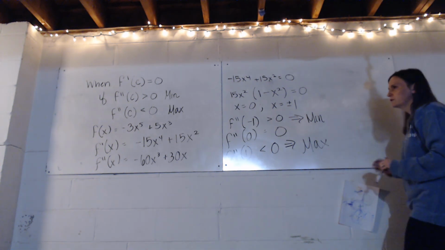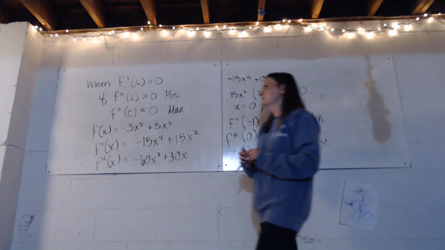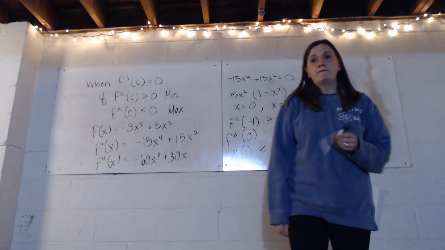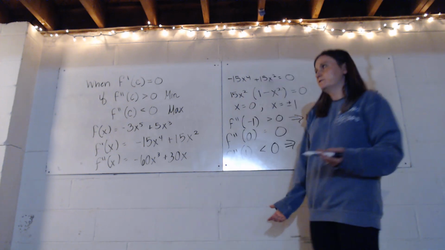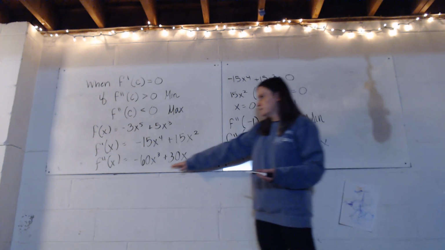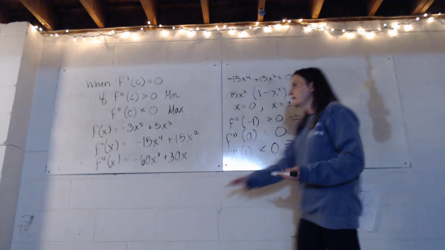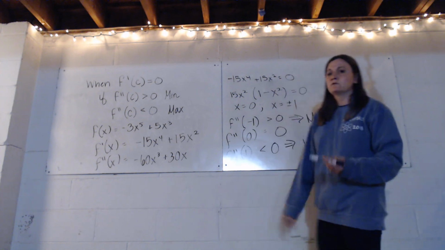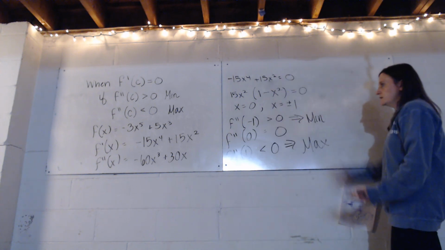So to go through it again, to use the second derivative test, you first take the first derivative of a function and find any critical points for that first derivative. Then you have your second derivative, you plug the critical points into the second derivative, and if that second derivative is positive, that's where you have a minimum.